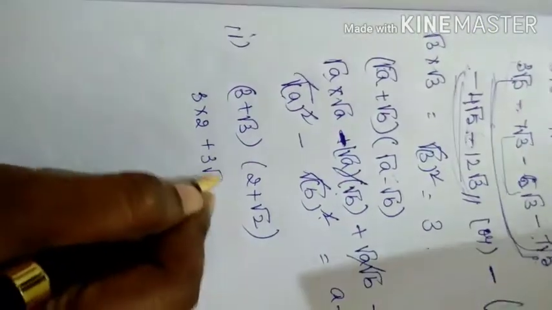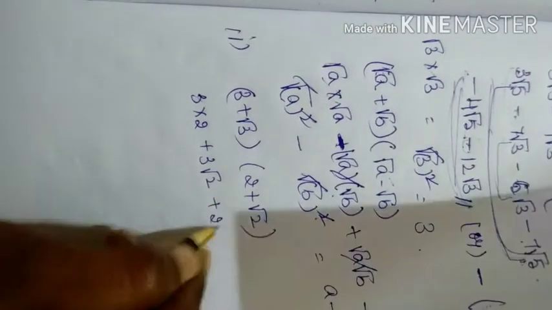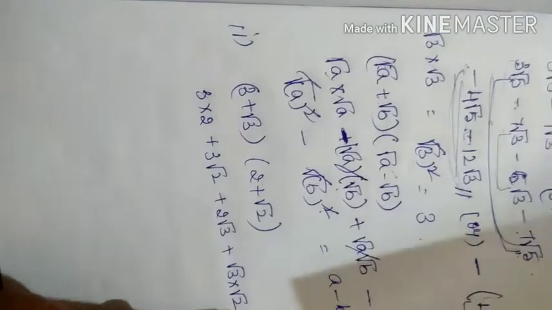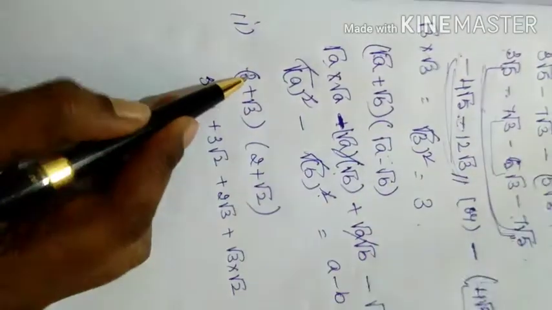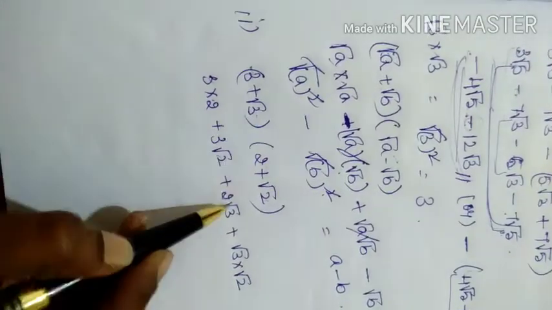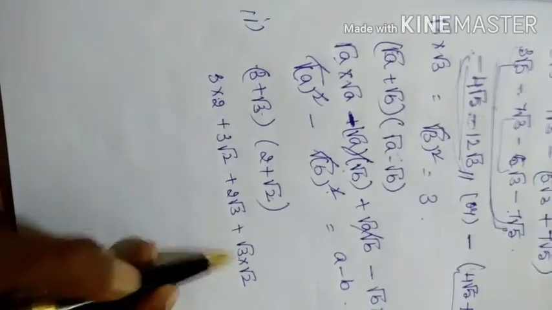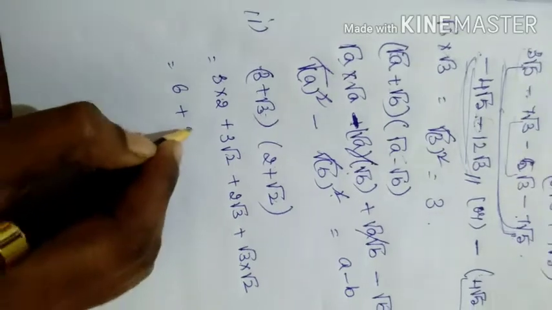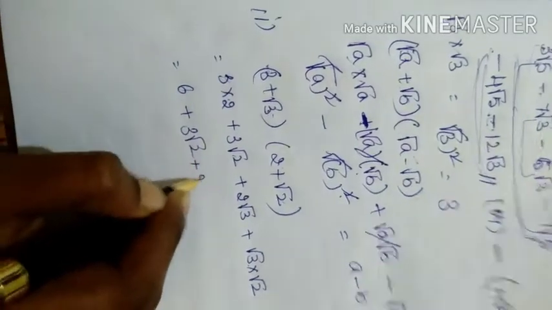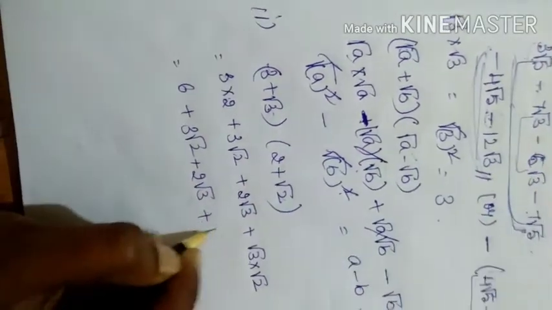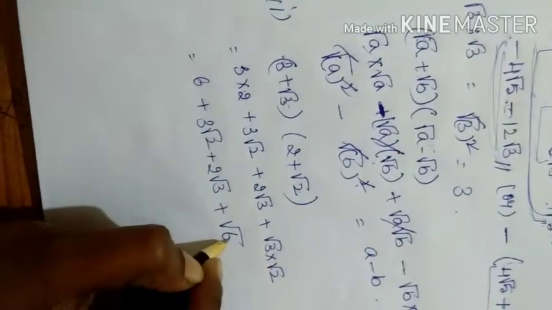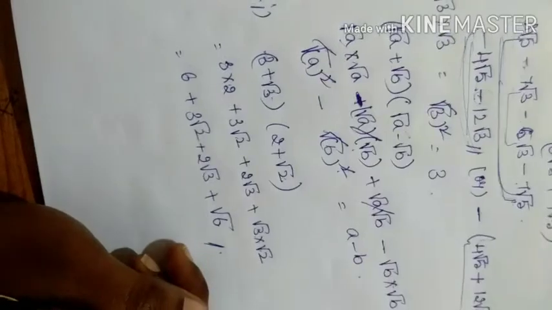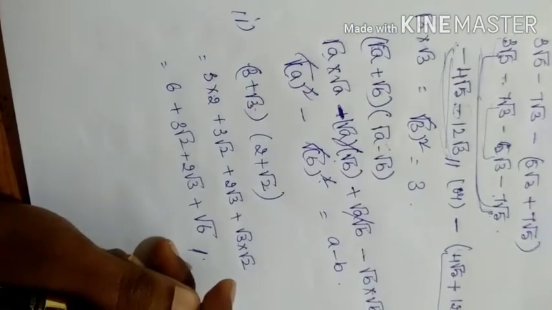Plus 3 into root 2 plus 2 into root 3 plus root 3 into root 2. Clear? You will get 3 2s are 6 plus 3 root 2 plus 2 root 3 plus under root of 6. 3 2s are 6 is root of 6. Clear? Like this you have to do. This is how you have to simplify.